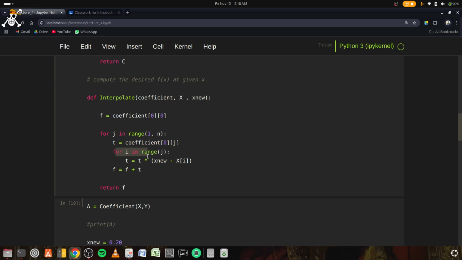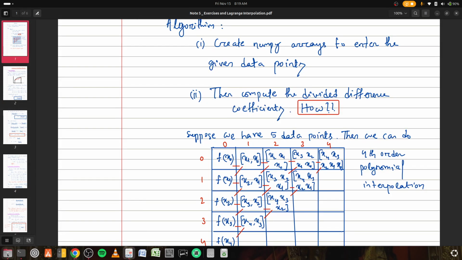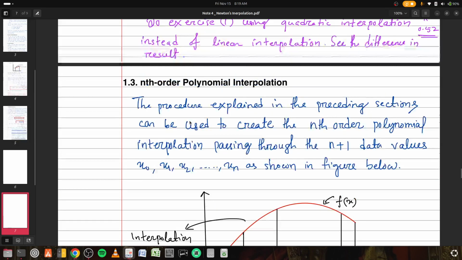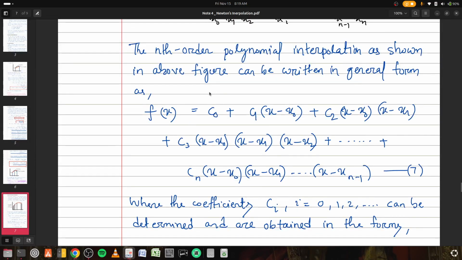And then for i in range, t equals t into x new minus xi, right? So here, as you can see, these coefficients are written like this: C0, then C1 is multiplied with x minus x0, then C2 is multiplied with x minus x0 into x minus x1.